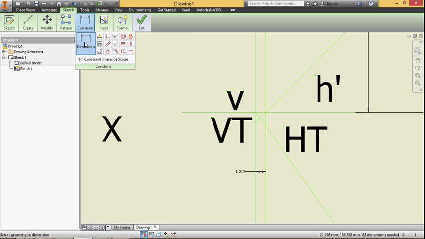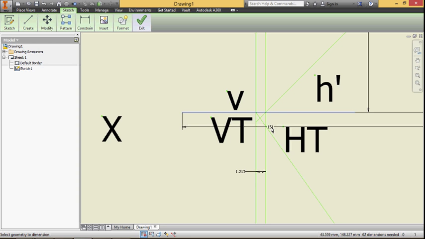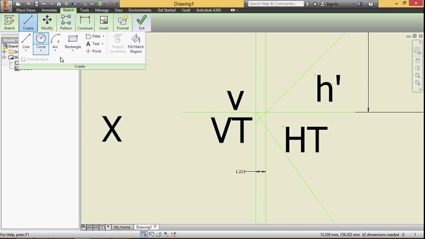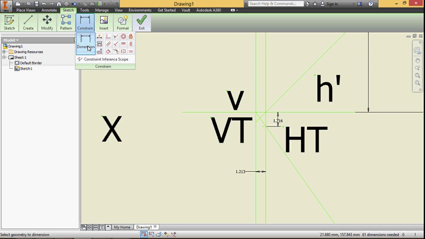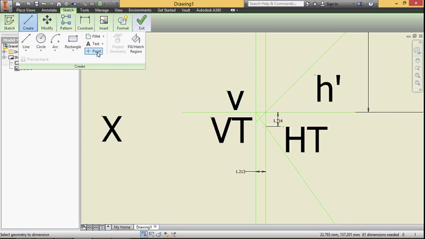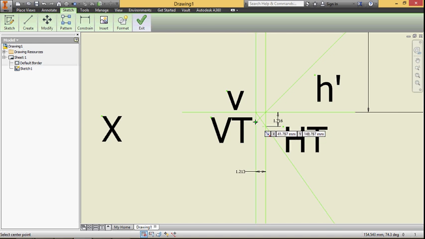From the reference line to the horizontal trace the distance is 1.716 millimeter, and from the reference line to the vertical trace the distance is 1.213 millimeter.